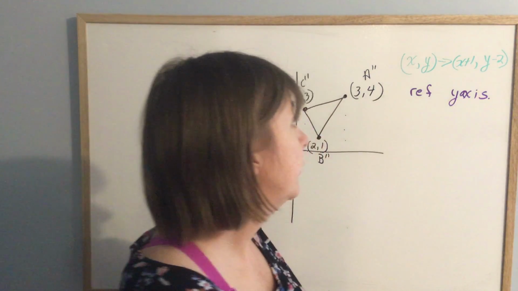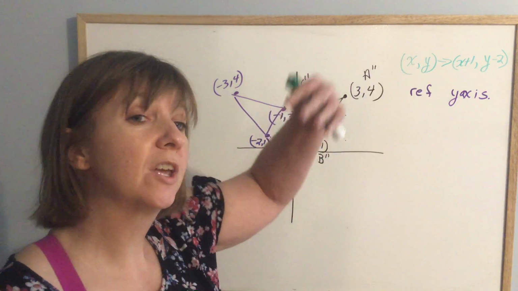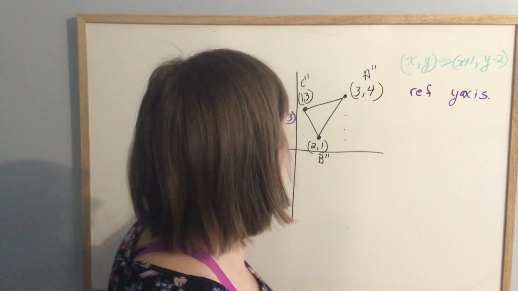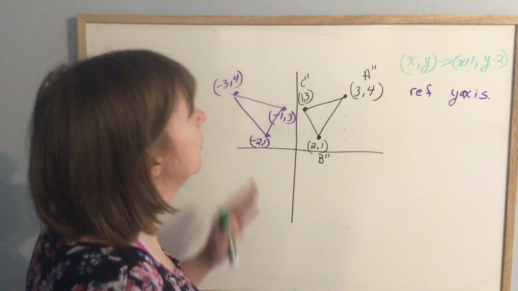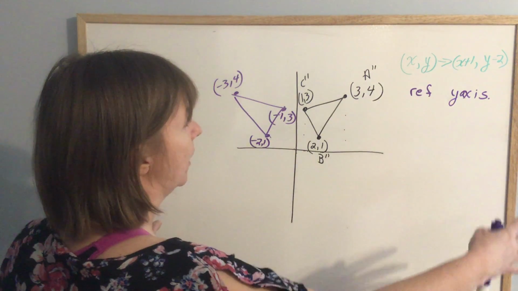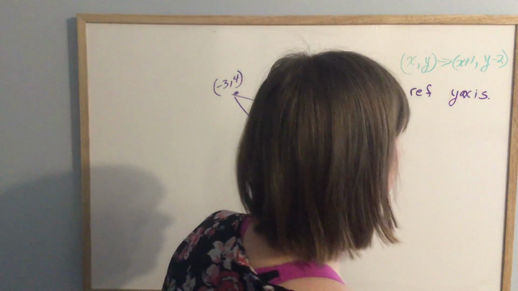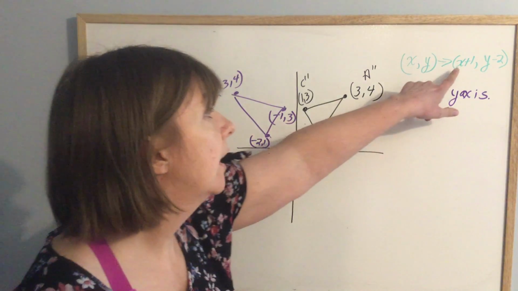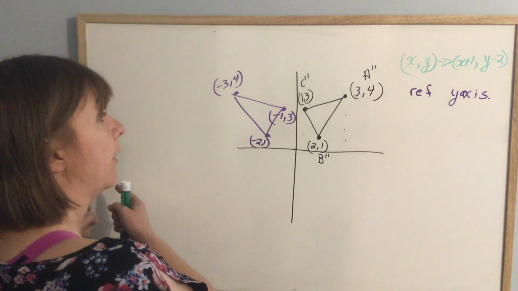It says, okay, we reflected in the y-axis after we did this to it. So we're working backwards. So they said what we did to it was, to get this, we moved the triangle 1 to the right and down 2. So if you're working backwards, you actually have to do the opposite to it. Instead of going 1 to the right, you have to go 1 to the left.